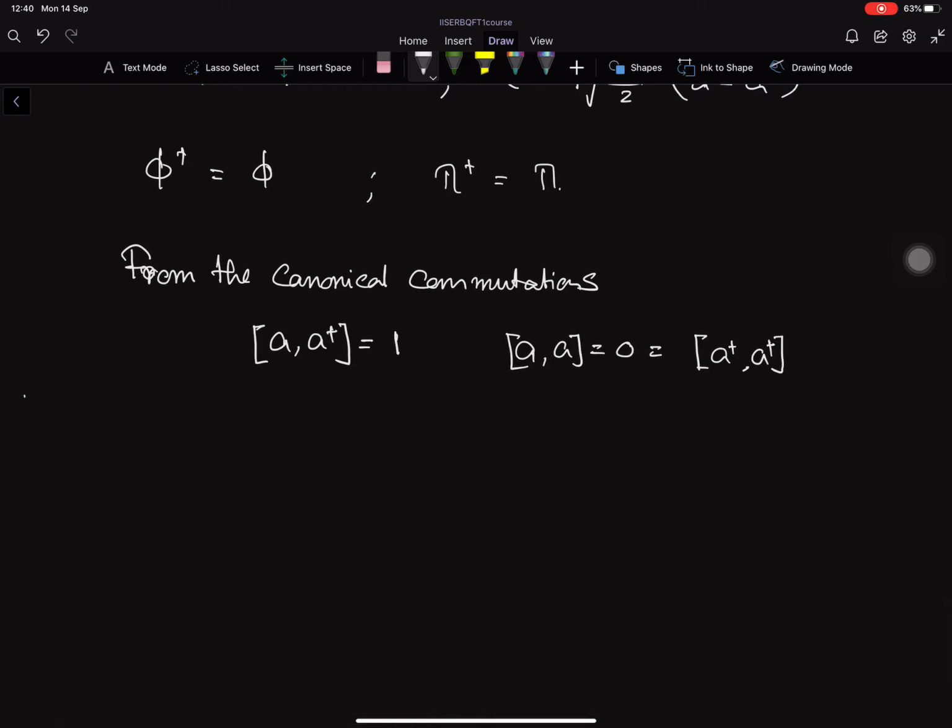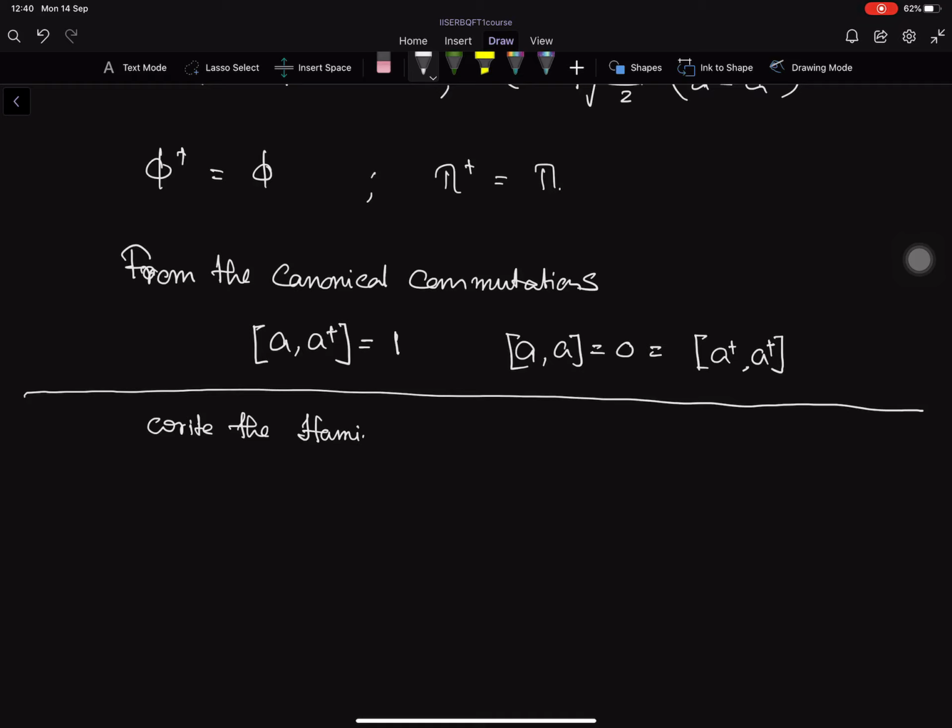The next step is that we write the Hamiltonian in terms of a and a dagger.